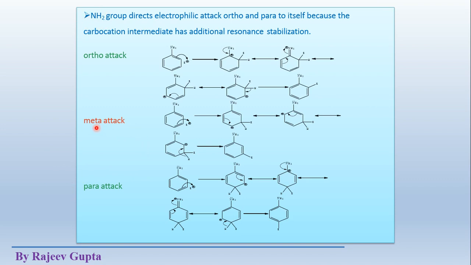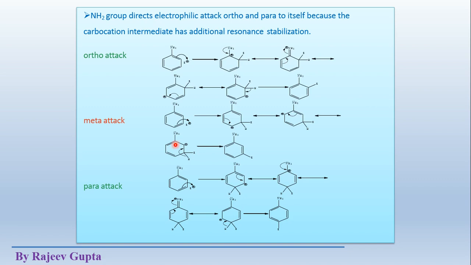functional groups. In case of meta, if the incoming electrophile attacks on the meta position, we get these resonating structures. Positive charge goes to here, then here, and then at this position. This positive charge will never go to this ipso site. See, we cannot make a resonating structure where this positive charge is at the ipso site.